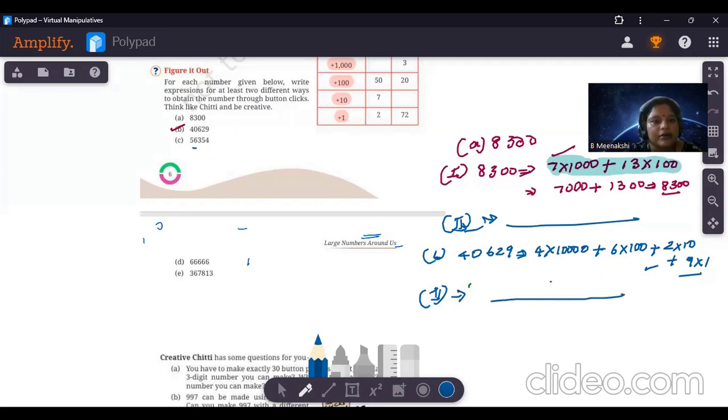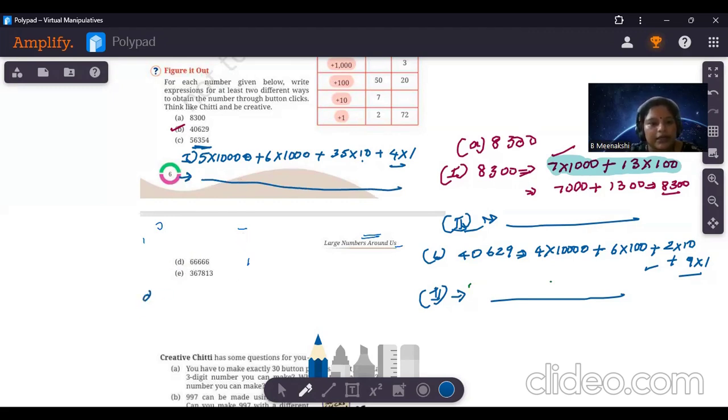Now, next one, for 56,354, I'm giving you one way of writing: 5 into 10,000 plus 6 into 1000 plus 35 into 10 plus 4 into 1. So 10 I have pressed 35 times. What is the second way? That one is left for you to write in the comment box.